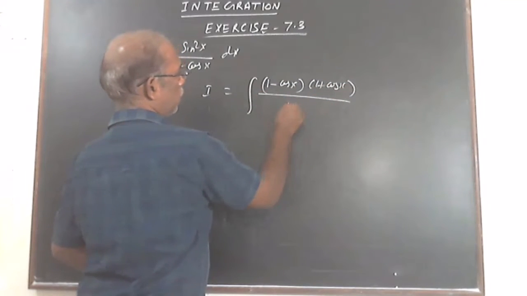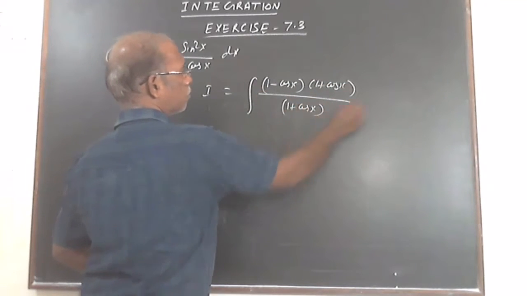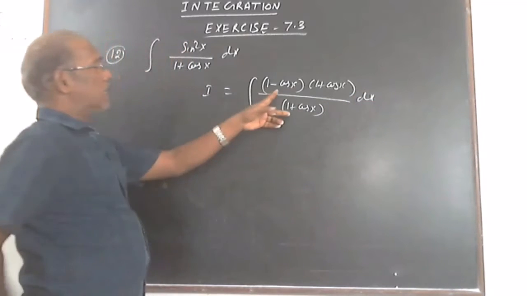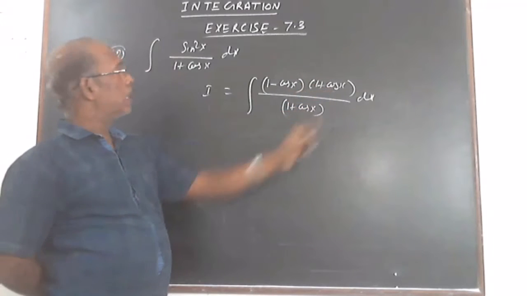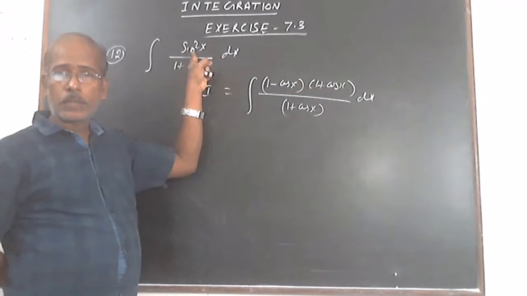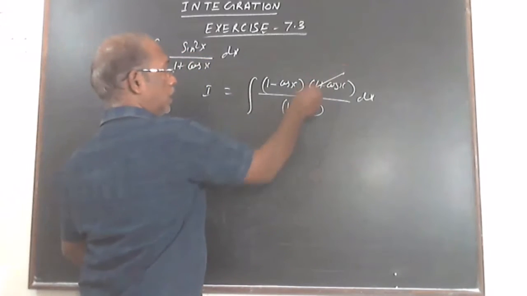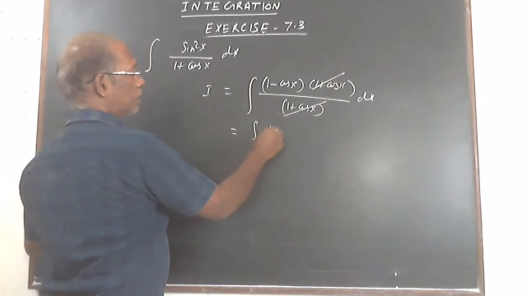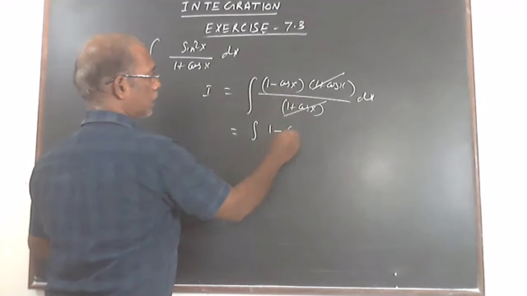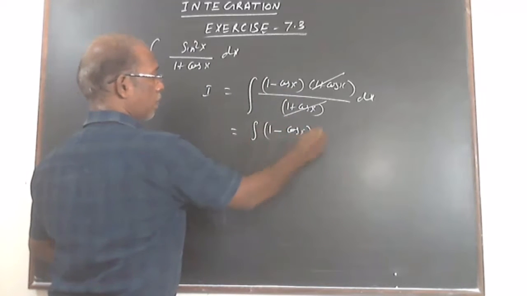The denominator is 1 plus cos x. Yes, 1 minus cos x into 1 plus cos x is 1 minus cos square x, which is nothing but sin square x. So one of the common factors cancelled. Then we are left with only one factor, 1 minus cos x.